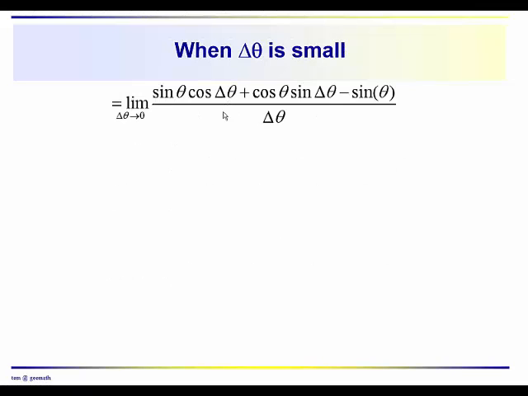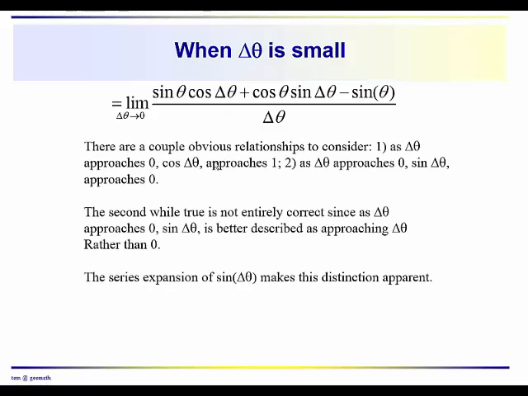Well, there are a couple obvious relationships to consider. When delta theta goes to 0, the cosine of delta theta is going to approach 1, right? And as delta theta approaches 0, sine of delta theta is also going to approach delta theta.